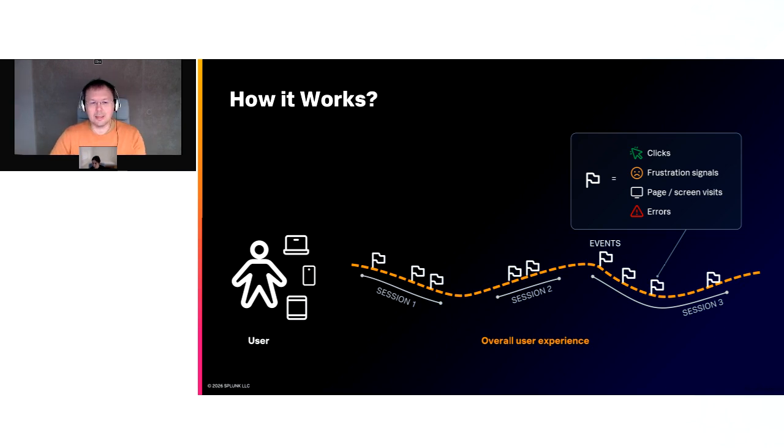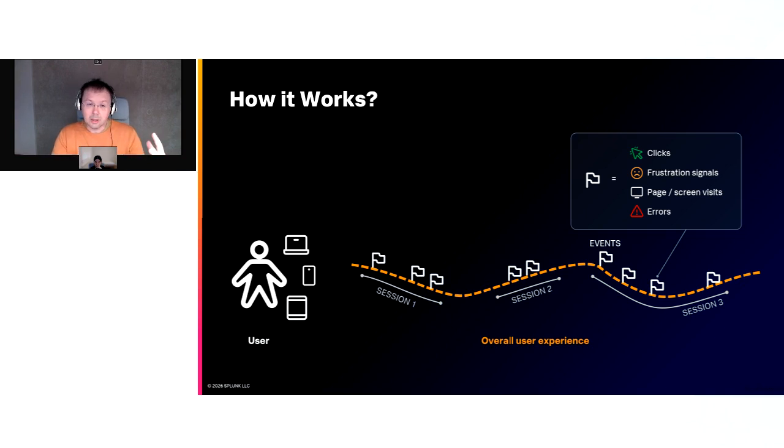So let's imagine a typical user of a digital product, like me, accessing this product through my laptop, mobile device, or tablet. When I'm accessing the product, I create sessions when I do some actions, some interactions. All these things are auto captured, and we call them interactional events.